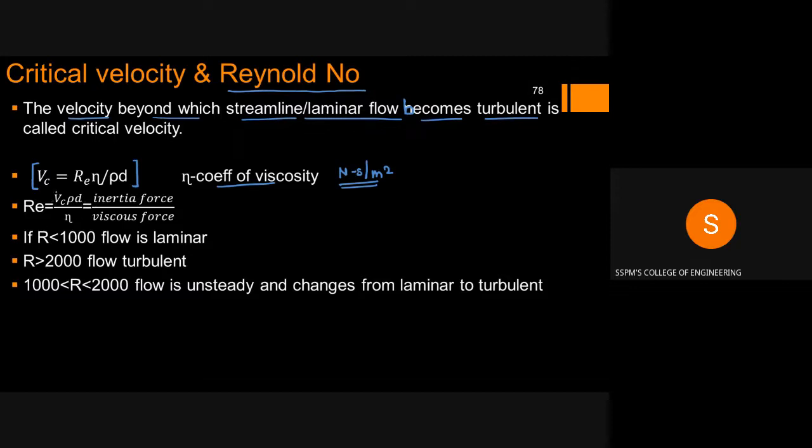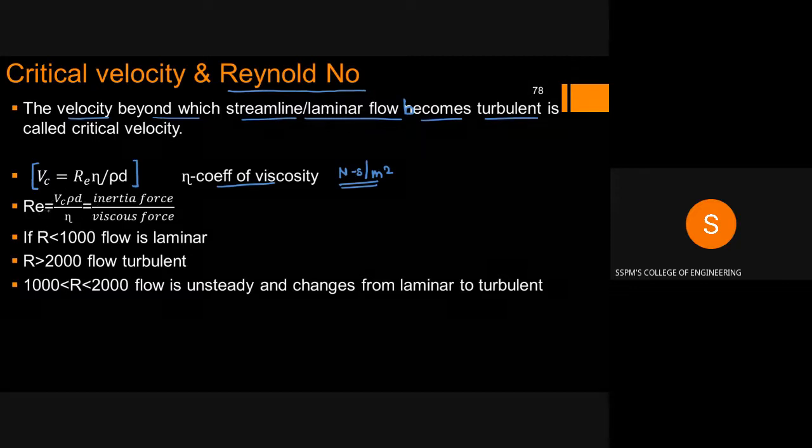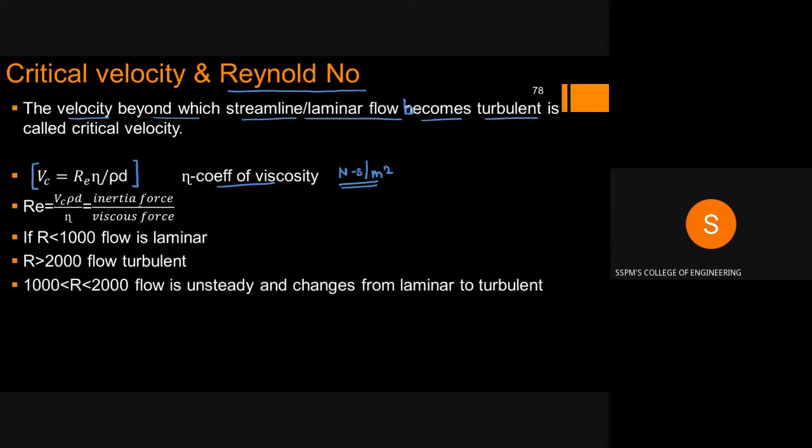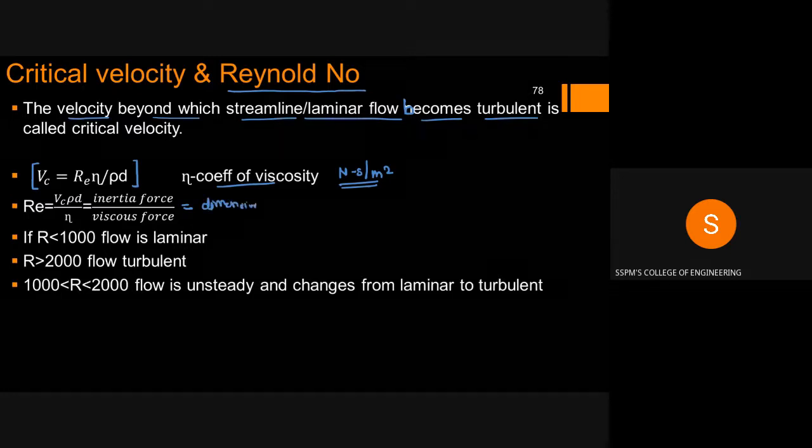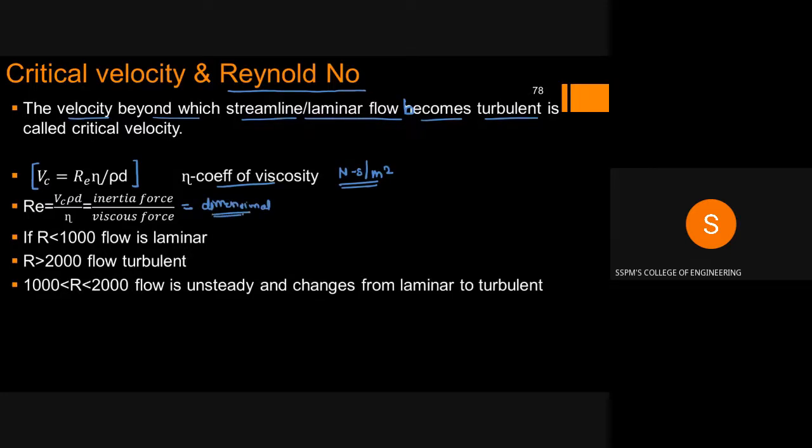Reynolds number is basically the ratio of inertia force to the viscous force. From this equation, we can find out the Reynolds number, which is a dimensionless parameter. Dimensionless parameter means it doesn't have any unit or any dimension.